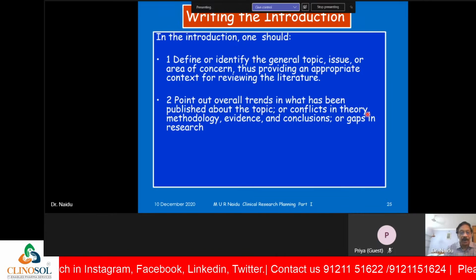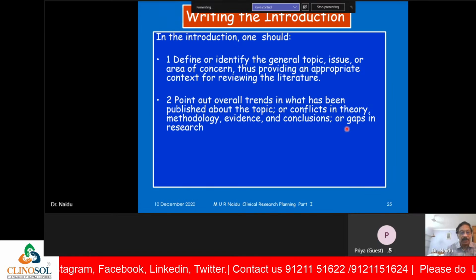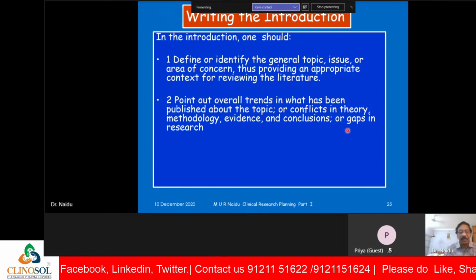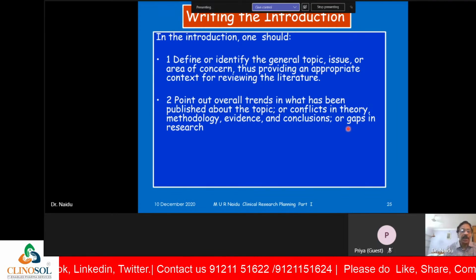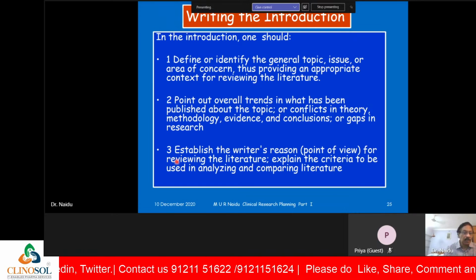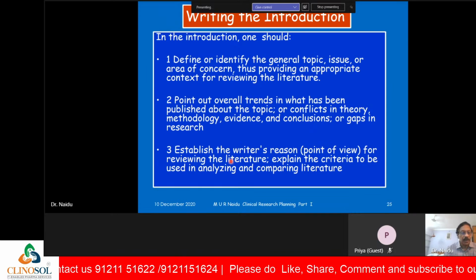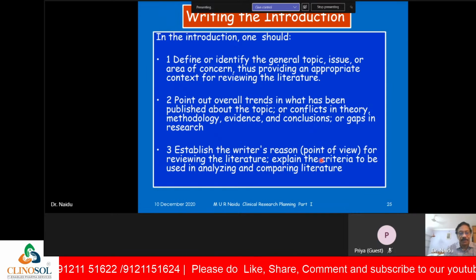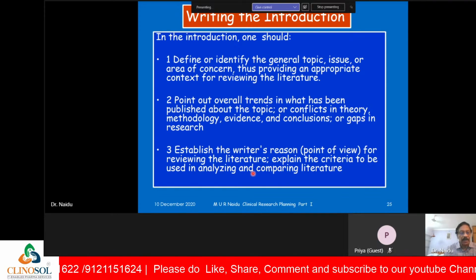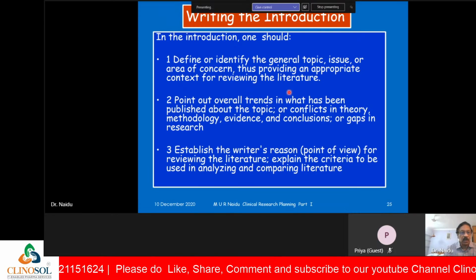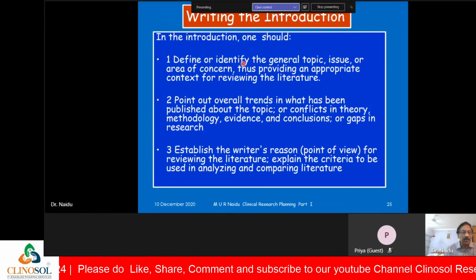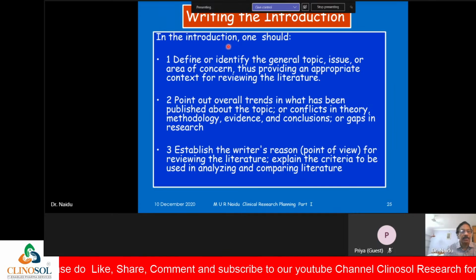You have to identify these gaps in writing your introduction, because that is the limitation which you are going to raise in your objective. Establish the writer's reason and point of view for reviewing the literature, and explain the criteria used to analyze and compare the literature. So these are important things to consider when writing an introduction.